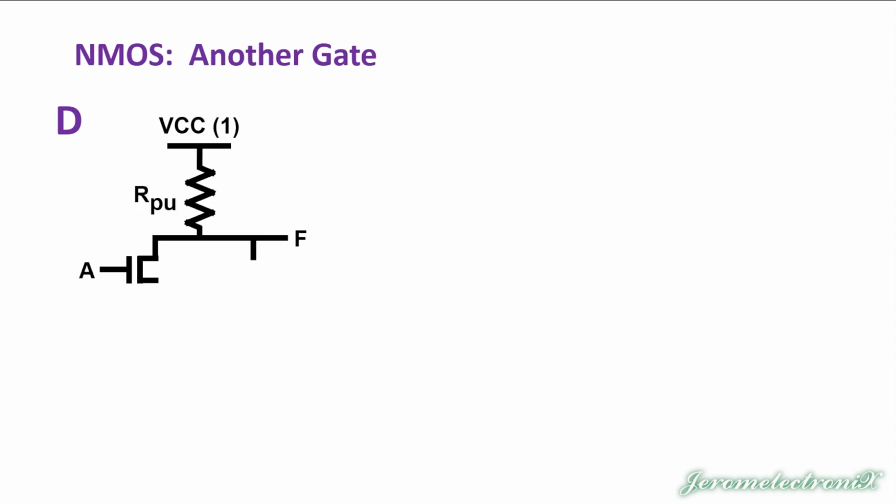Let's try another gate. This time, notice the difference in configuration. These are still NMOS transistors. A and B are still NMOS transistors, but they are configured in parallel. That means the pressure has a choice of which direction to go, which gate to go through.